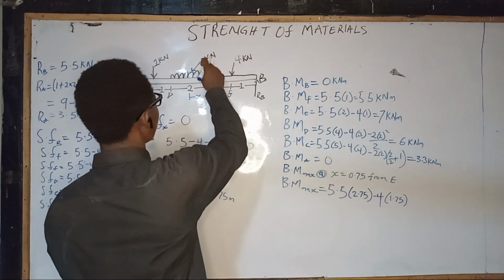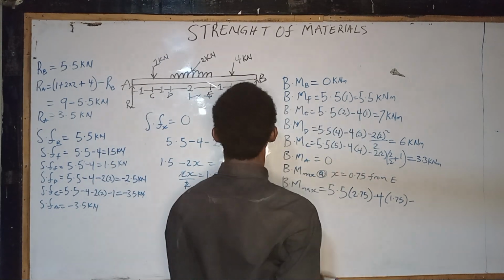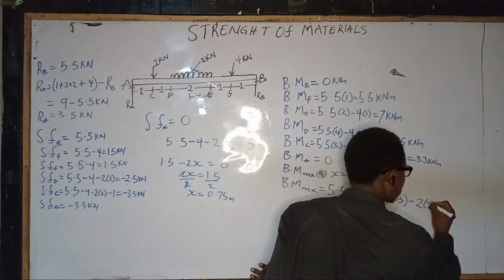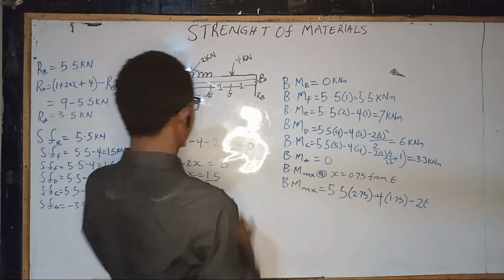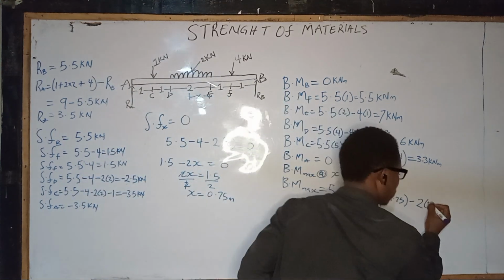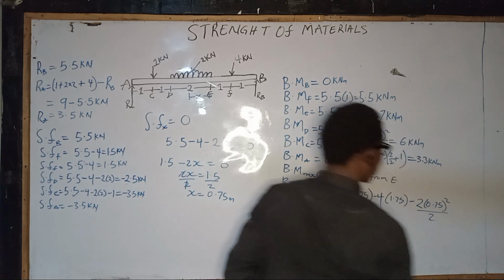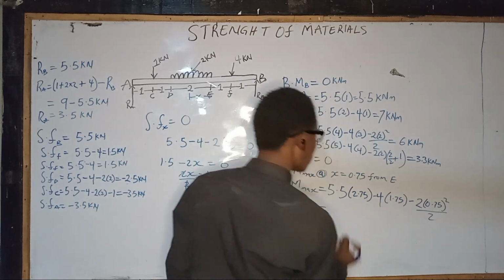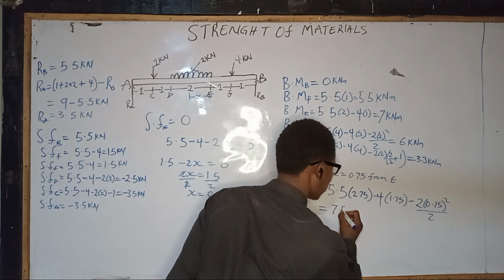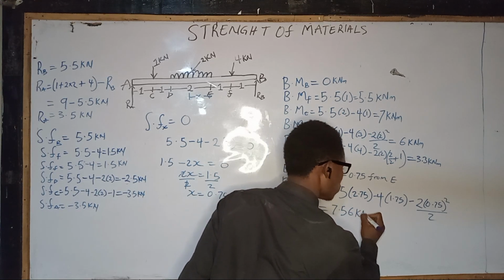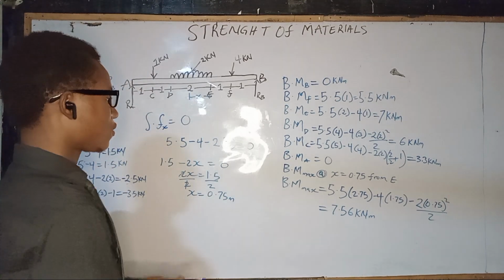Then for the UDL, we have minus 2 times 0.75, where 0.75 is the value of x here, 0.75 squared all over 2. So if we calculate the bending moment of this, we are going to have a final answer of 7.56 kilonewton meter. So that is going to be our final answer for this.